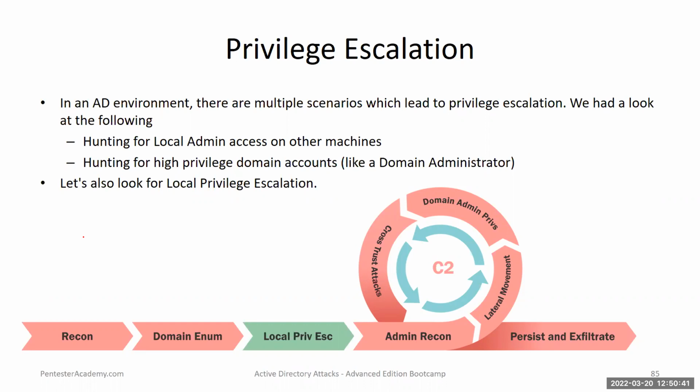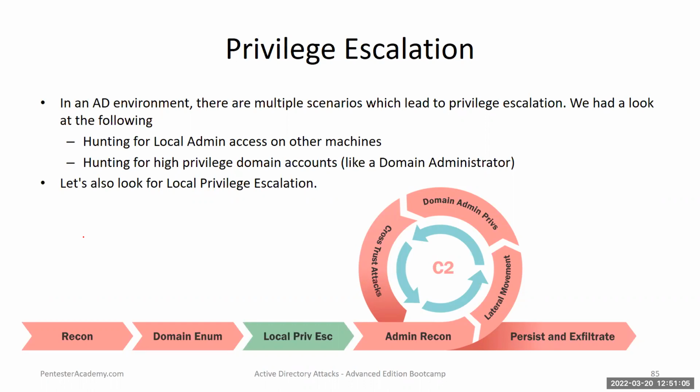So what we have seen up to now in terms of privilege escalation is we can hunt for local admin privileges on other machines. We can hunt for high privilege domain accounts like domain administrator. But before we try them out, let's take a look at local privilege escalation.